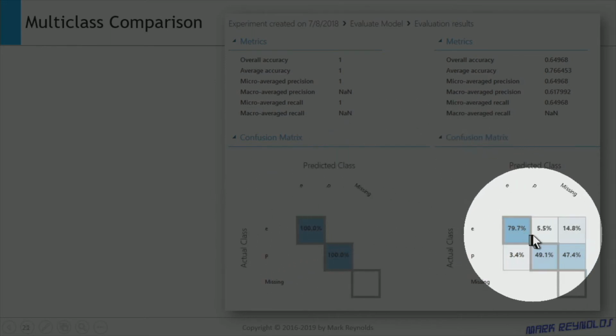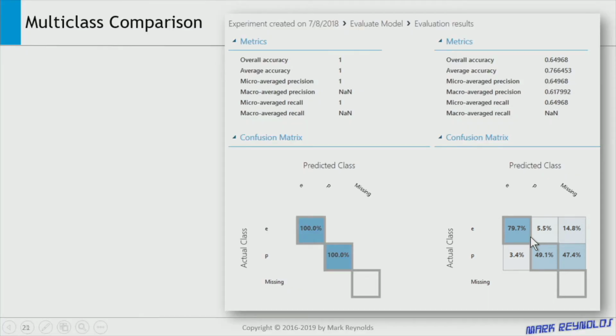Over here with the neural network, if it is edible, 80% of the time it said it's edible. Well, there's your false negatives, I guess. But it's down here where it's poisonous, and 3.4% of the time it told you go ahead and eat it. The big point here, there are a lot of machine learning algorithms. Some of them will work for a particular problem and some will not.